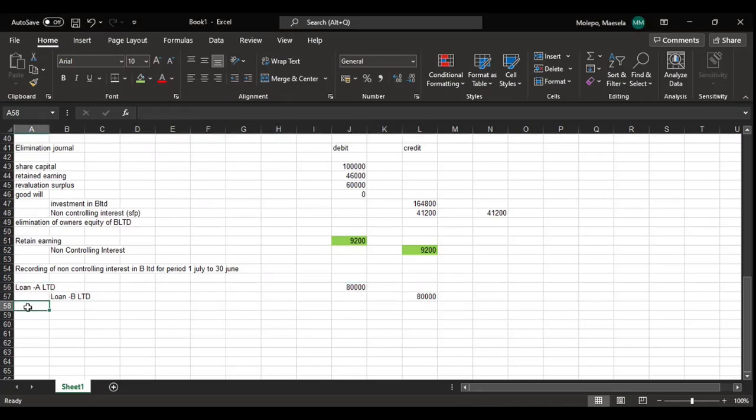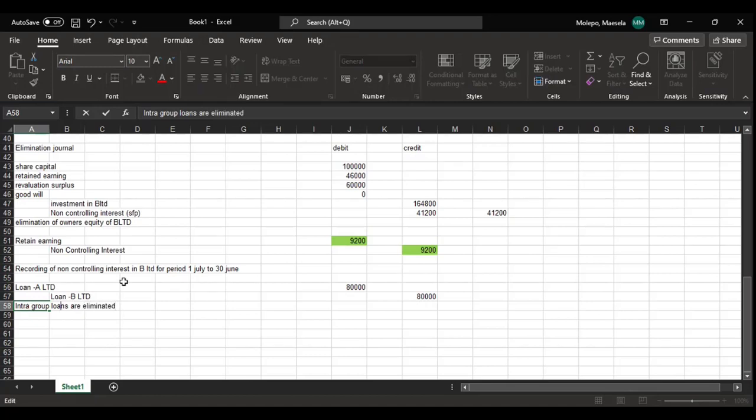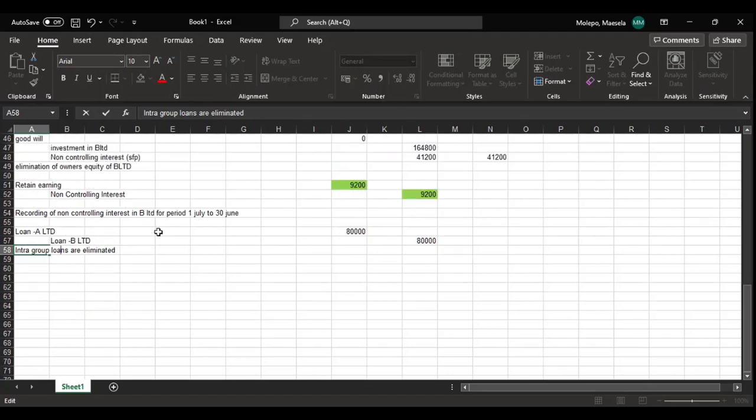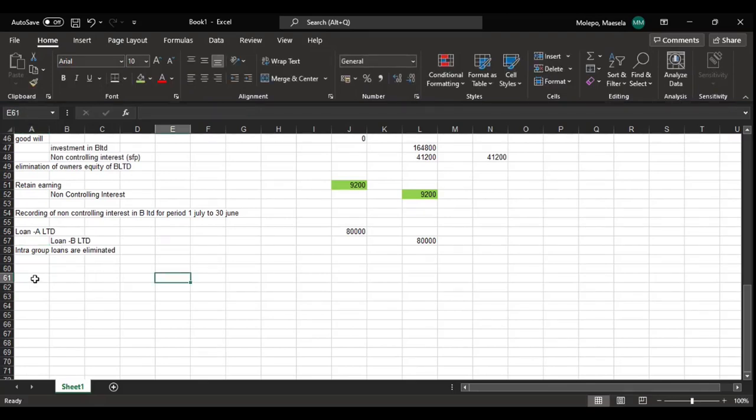So this will be the elimination of intra-group loan, because this one got a loan from the other one. So now we can do the consolidation of the remaining things. Whatever was not eliminated can be consolidated.